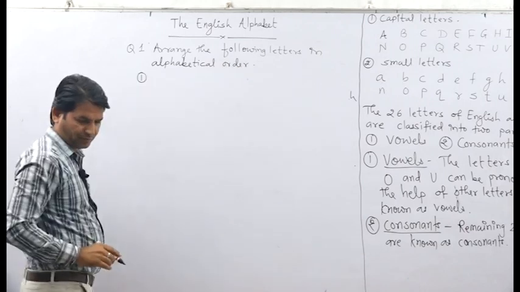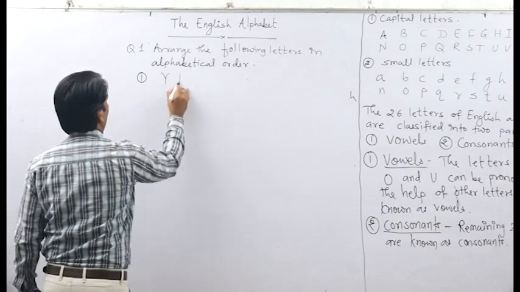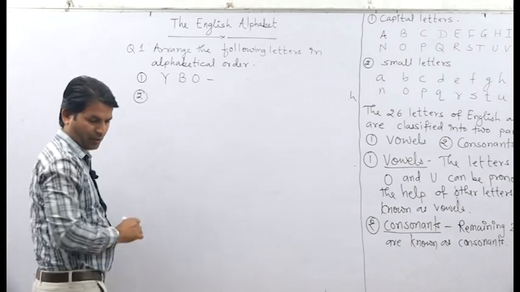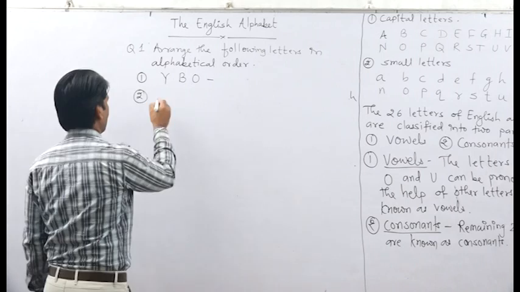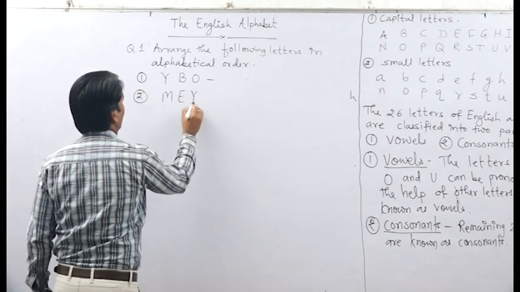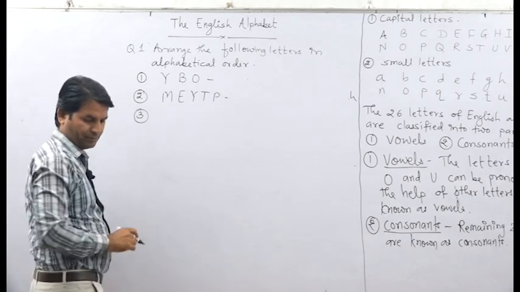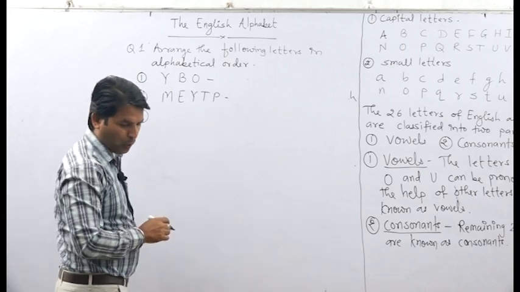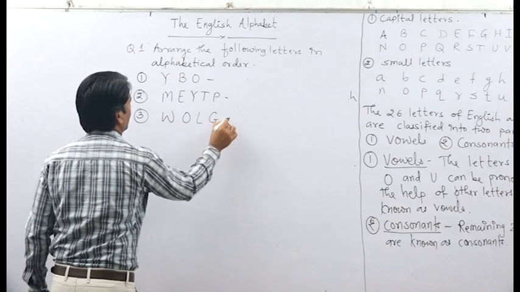First one, YBO. Second one, MEYTP. Third one, WOLG.